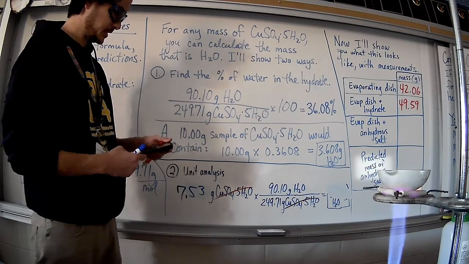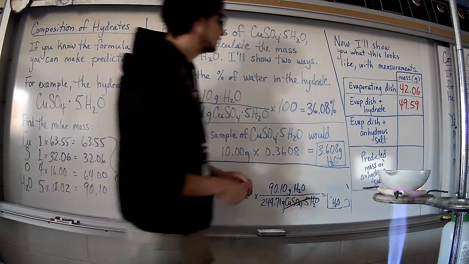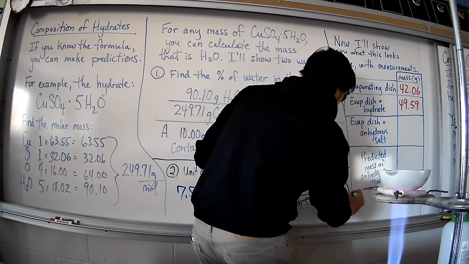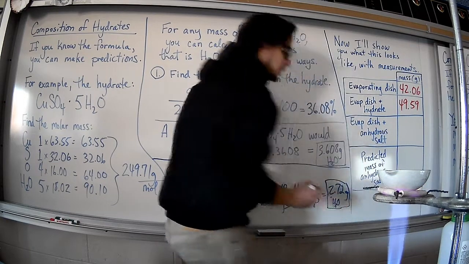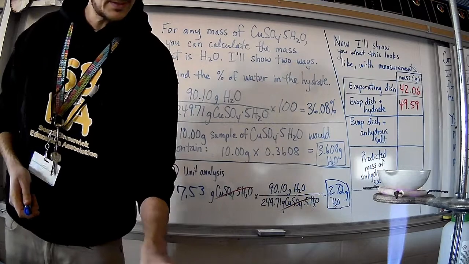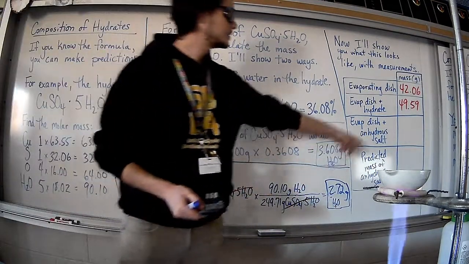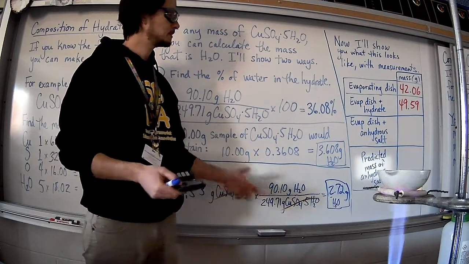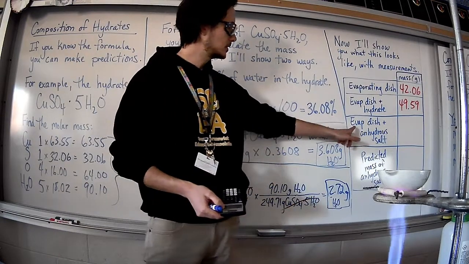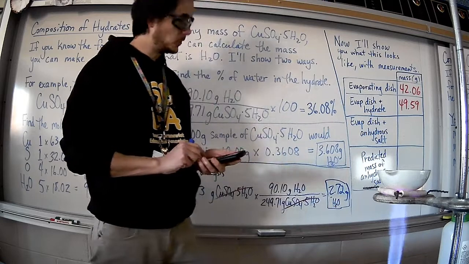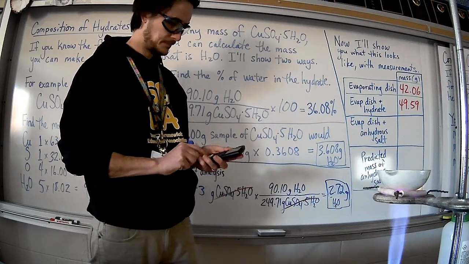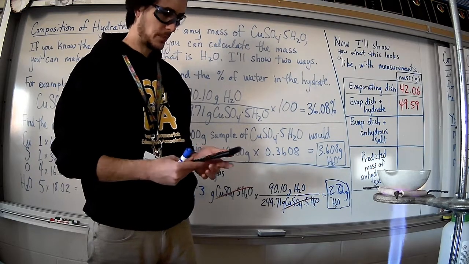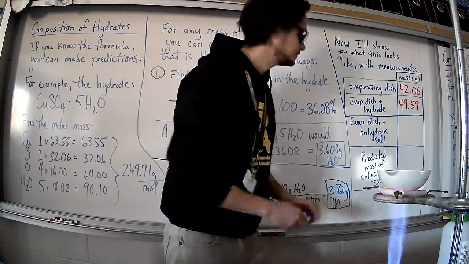I got 2.72. That's 2.72 grams of H2O. So, since there's 2.72 grams of water in that sample, we would subtract that from the 49.59, and I expect 46.87.